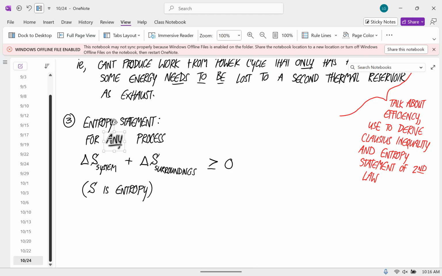But in order to do that, you're increasing entropy outside of the refrigerator. And those increases more than make up for the loss inside. So the total entropy of the system and the surroundings is going up.